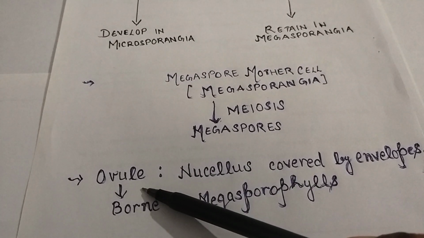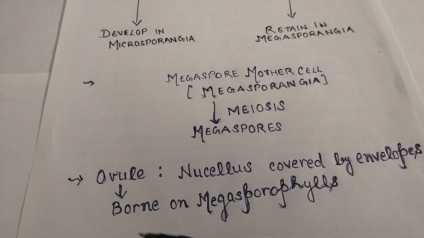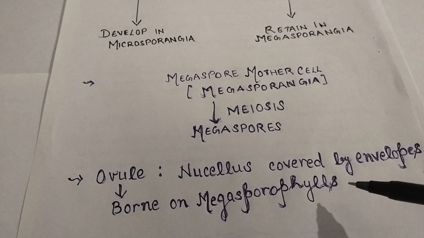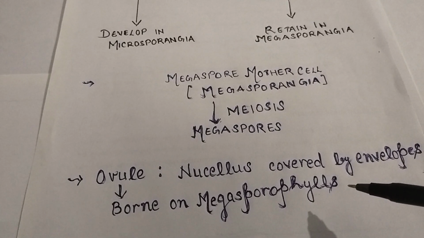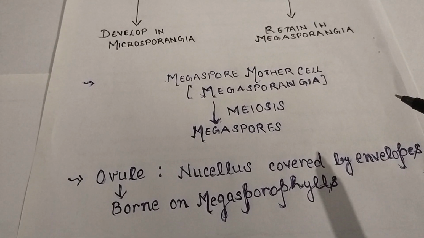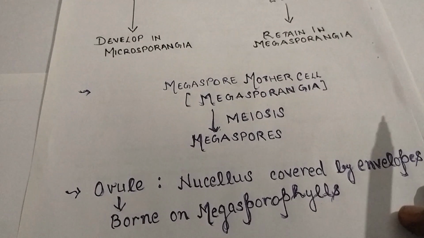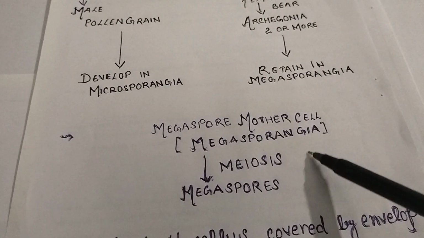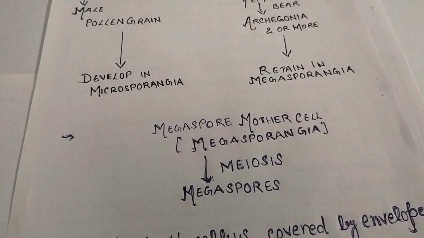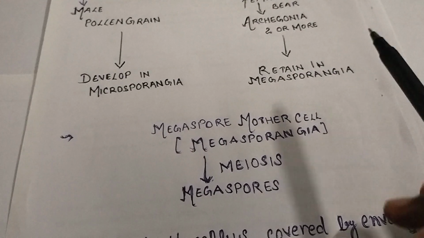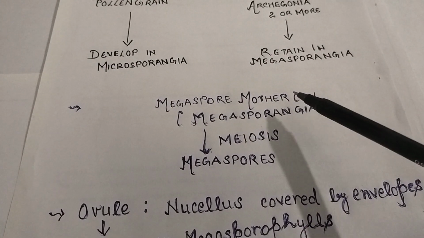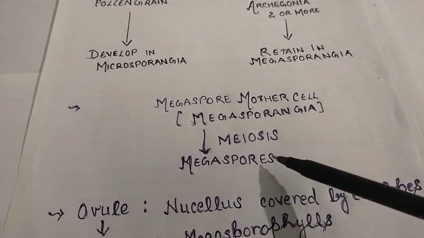And the ovule, where is it borne? The ovule is borne on megasporophylls, which may be clustered in the form of female cones. All right. See, in the female cone, in the megasporangia, there is a nucellus. From one of the cells of the nucellus, the megaspore mother cell is differentiated. The megaspore mother cell undergoes meiosis and forms megaspores.